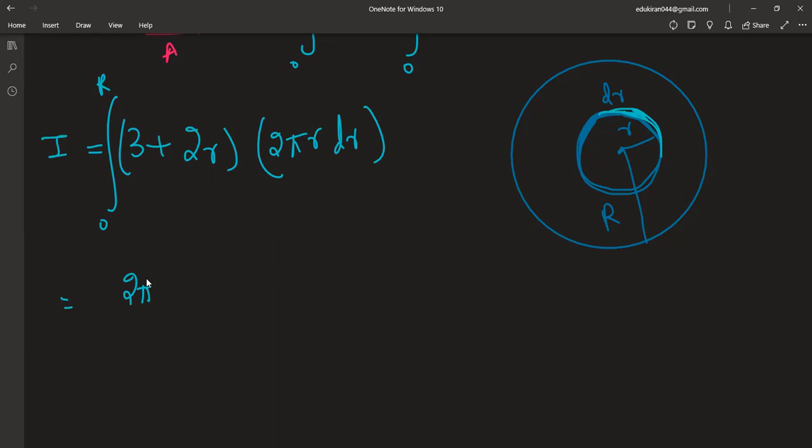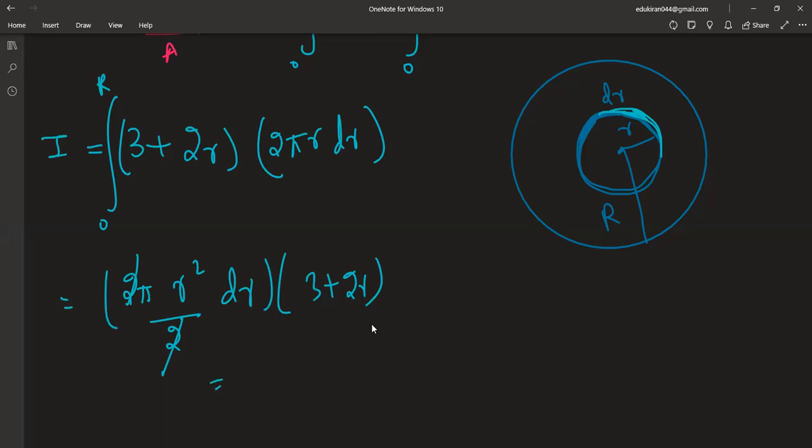If you take 2 pi from here, r dr is left. That becomes r square by 2. From here, if we are integrating this, this becomes r square by 2. So this 2, this 2, will get cancelled. And dr will be left, and from here, you already had 3 plus 2r.